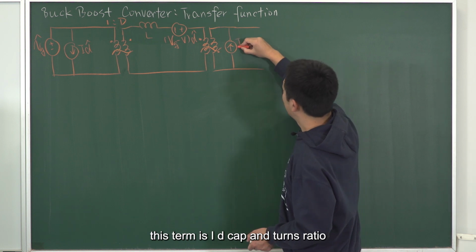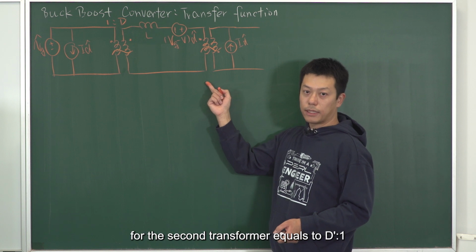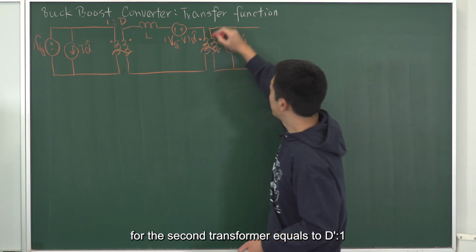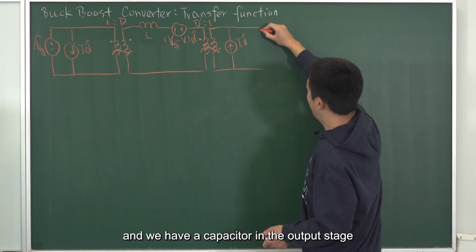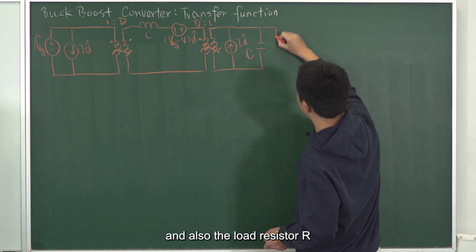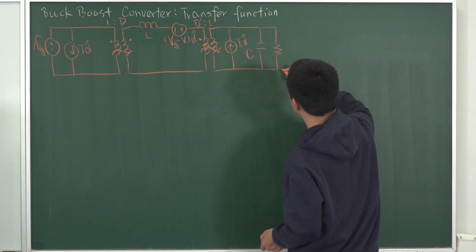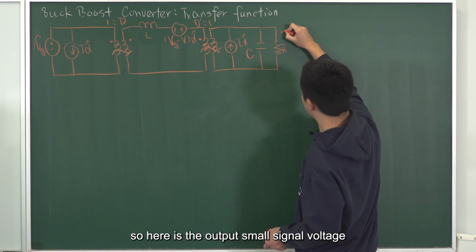This term is I d-hat. And the turns ratio for the second transformer equals D prime to 1. And we have a capacitor in the output stage and also the load resistor R.